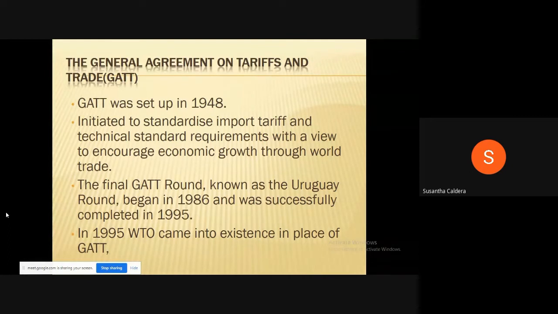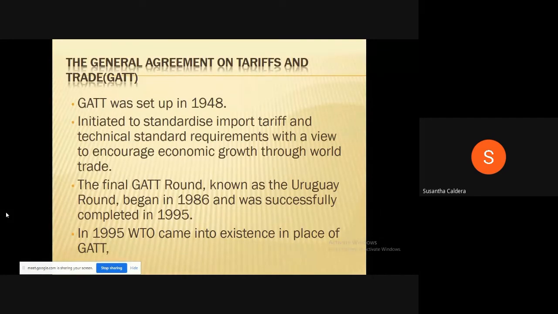These big countries like UK, Germany, France, Belgium, even countries like Italy, USA, everybody were giving incentives to the exporters, and they wanted to discourage and restrict imports to their own countries.